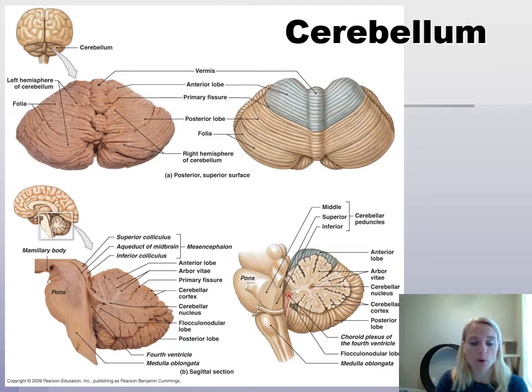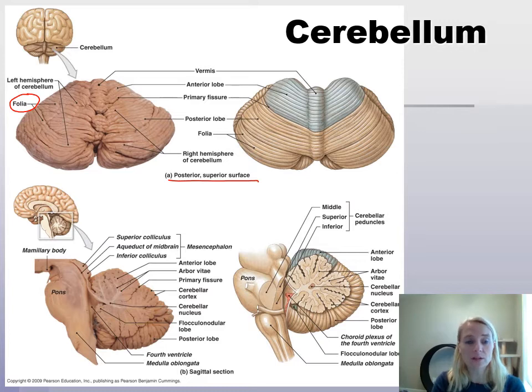So looking at this posterior view here, we can see it's wrinkly, but it's not quite gyri and sulci wrinkly. It almost looks like freshly ground meat, like it would go through a grinder. Those little ridges are called folia. So not gyri or gyrus, but folia.